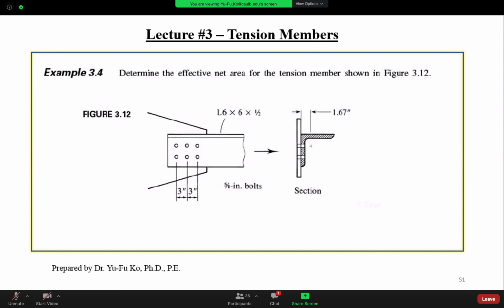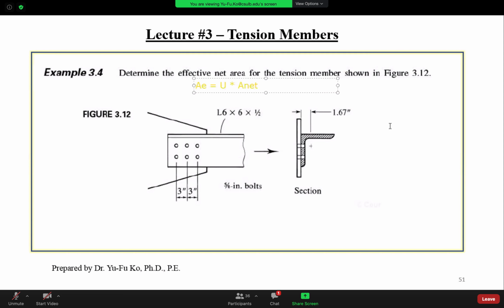So in this example, I would like to introduce you to the detailed calculation to figure out the factor U for shear lag. So determine the effective net area, we call A sub e, right? For the tension member shown in this figure. So how do you determine the effective net area, which is equal to U times A net?